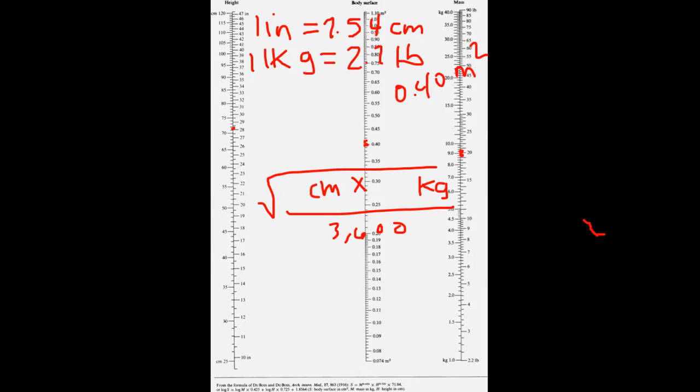Well, let me just change to the whiteboard instead. Okay, let me write this down again. So 1 inch is equal to 2.54 centimeters, and our child is 28 inches.